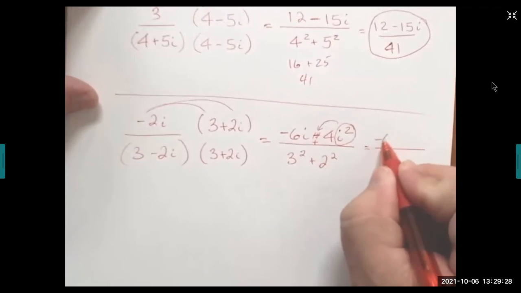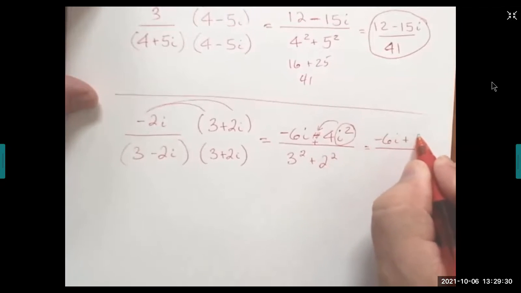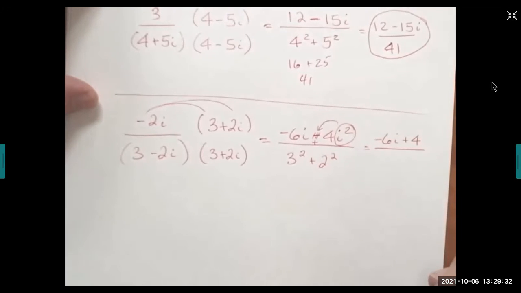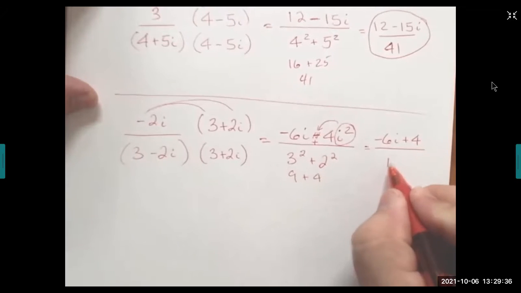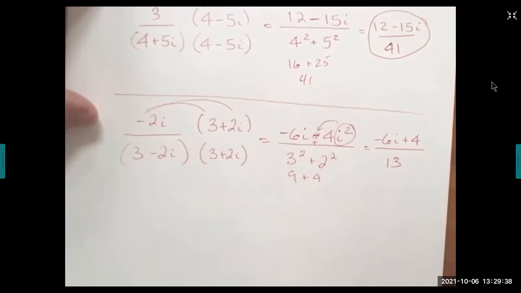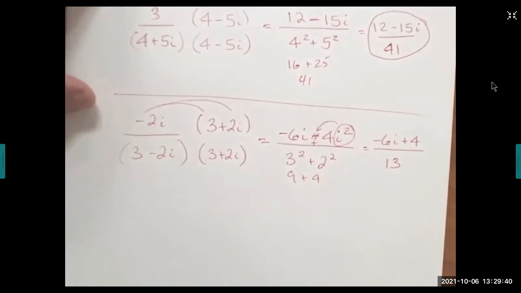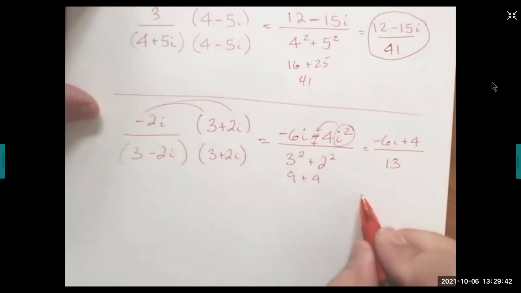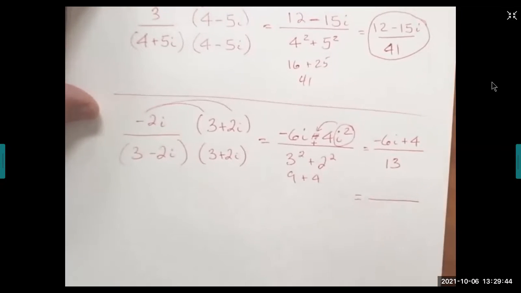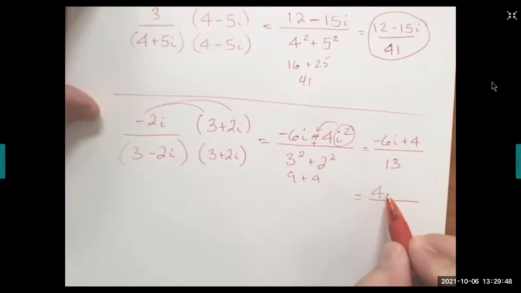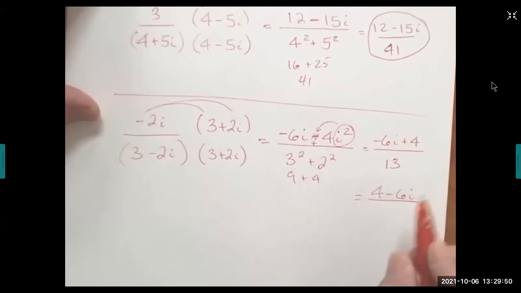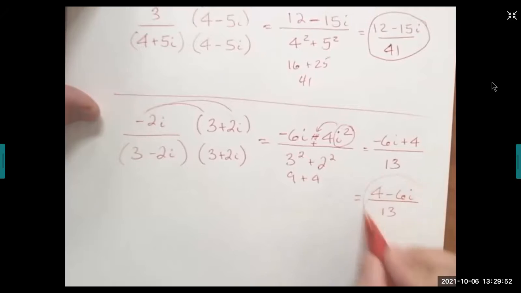So we have negative 6i plus 4. 9 plus 4 is 13. Fix the top. So it's 4 minus 6i over 13.